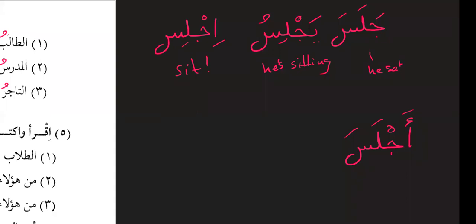So you would say ajlasa Muhammadun ibnahu, which means Muhammad made his son sit. Muhammad has the dhamma and ibn has the fatha, because Muhammad, he made his son sit. فعل فاعل مفعول به.